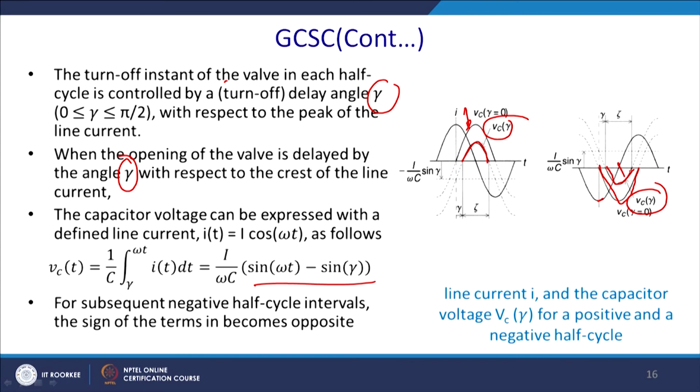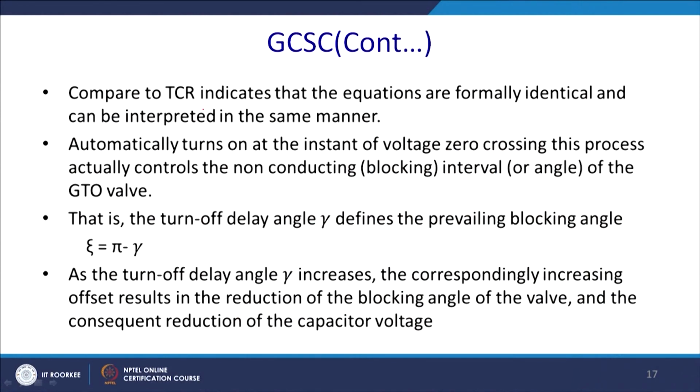For subsequent half cycle intervals, the sign of the terms become opposite. So, it is quite common and this is the application of the negative half cycle. What we can talk about the GCSC compared to the TCR we have discussed in the shunt compensation indicates that the equations are formally identical and can be interpreted in the same manner.